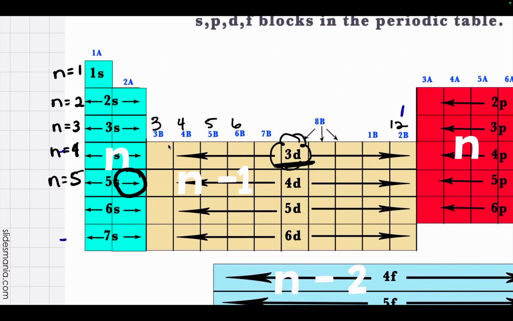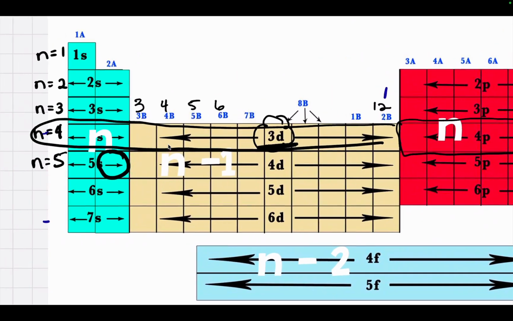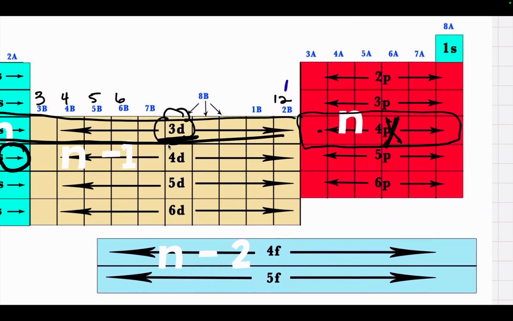So this period is n equals 4, but these are 3d electrons that are filling the orbitals in the 3rd energy level. And then we pop out here and we're again at n. So if I were in that same period, and let's say this is the element I'm talking about, the outer valence electrons are going to be 4s2, 4p4.